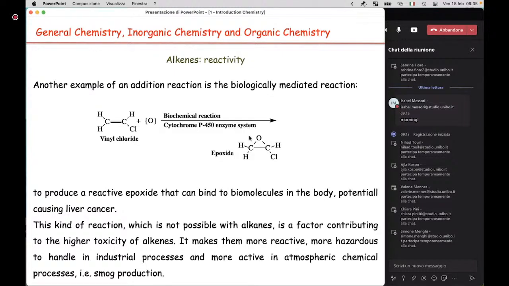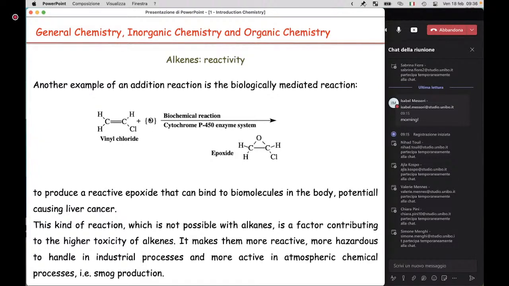So this epoxide is really, really reactive, and it can again react with the biologically important molecules in the body. Of course, this kind of reaction cannot happen with alkanes, and it is one of the most important factors that can explain alkene toxicity.